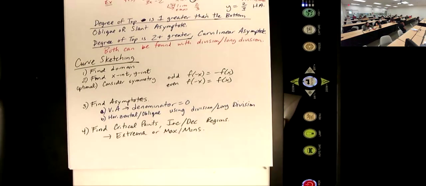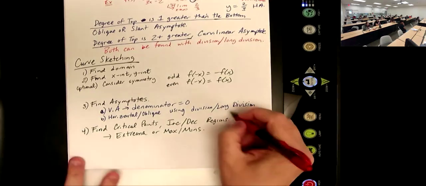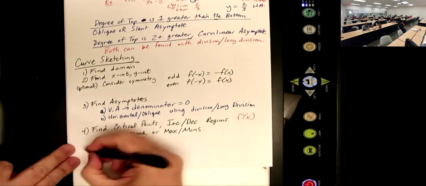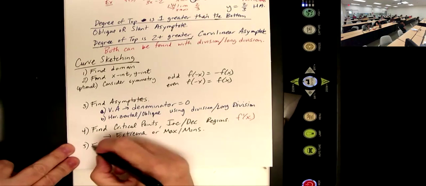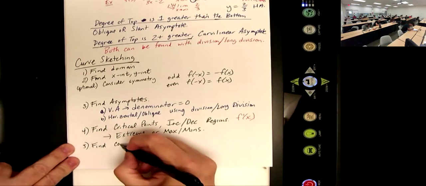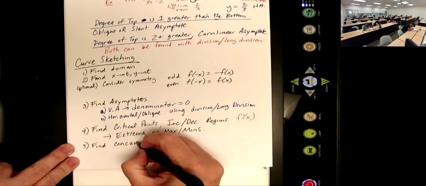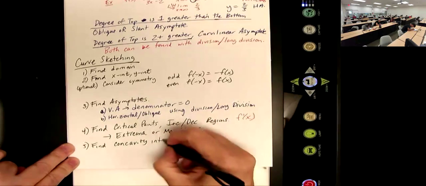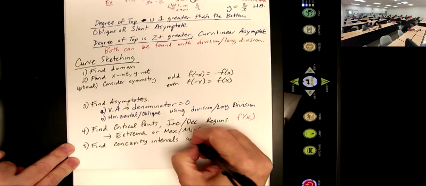So that's some first derivative stuff, right? This is where we're doing more calculus, we're doing that with our first derivative. And 5 will be find concavity intervals and inflection points.